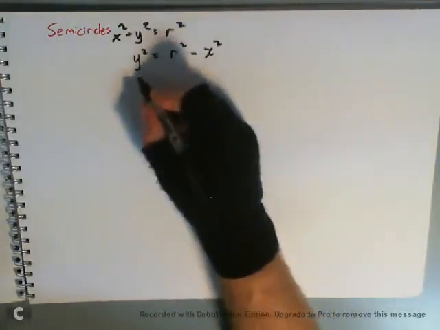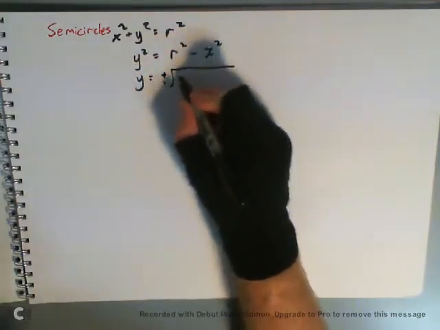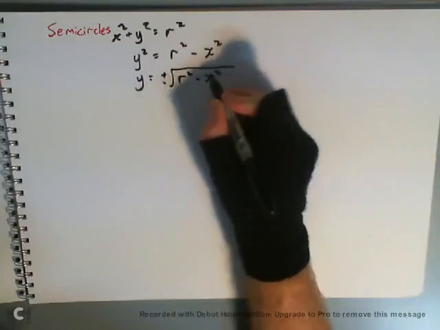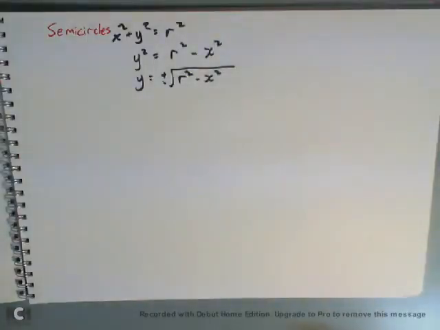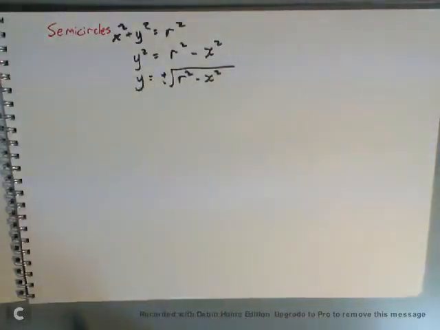And if we take the square root of that, we'll have y equals plus or minus square root of r squared take x squared. It's just a bit of rearranging there. So the equation of the circle can also be expressed as this equation here.